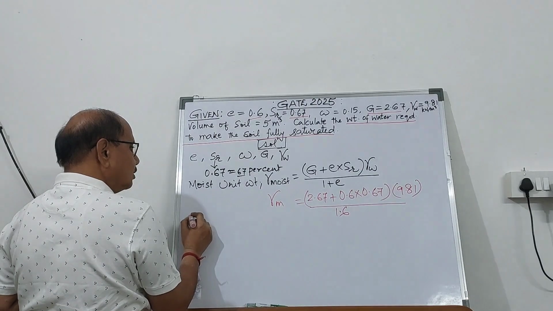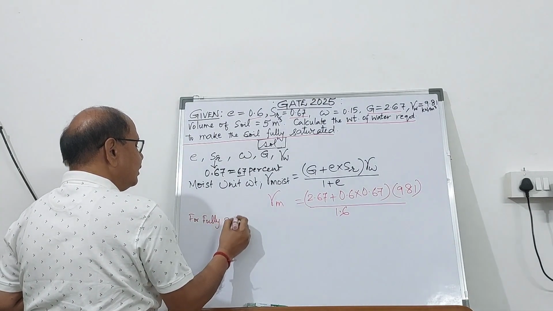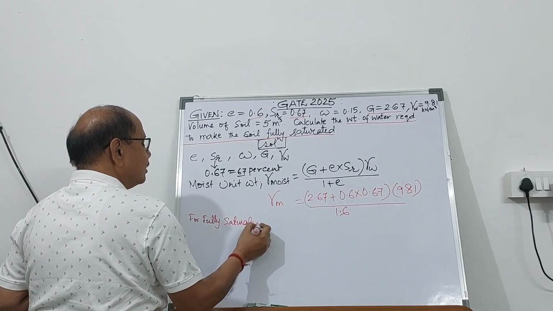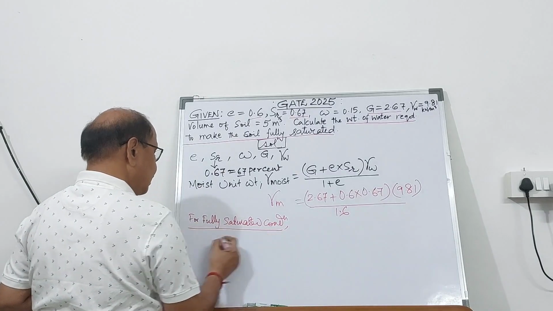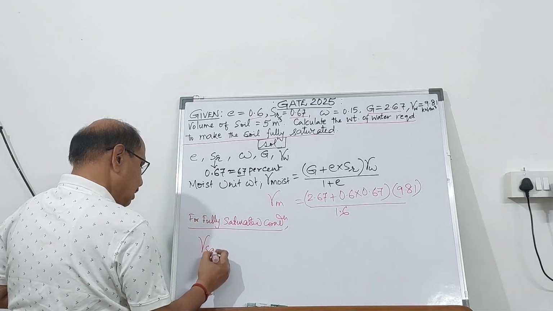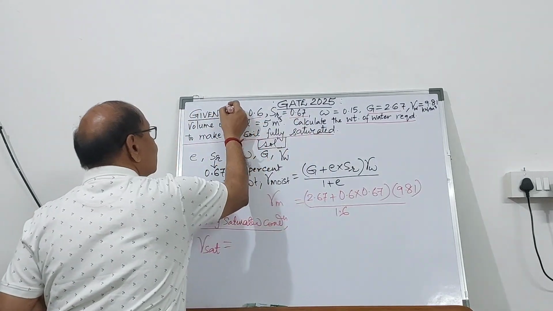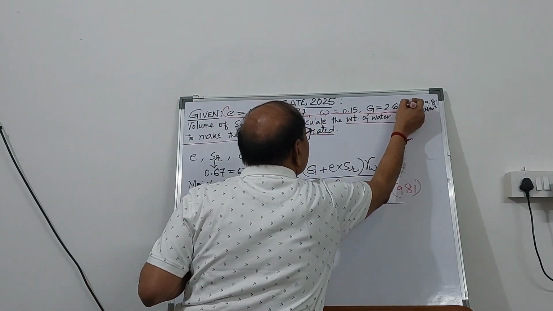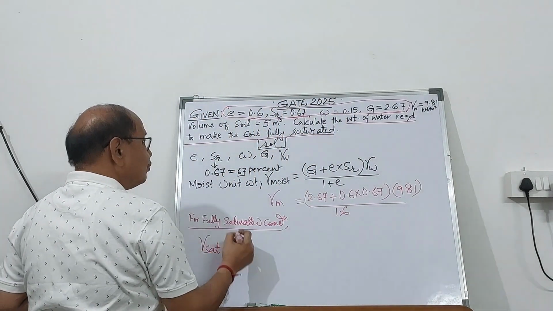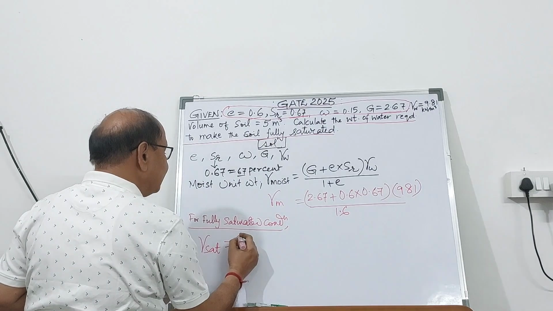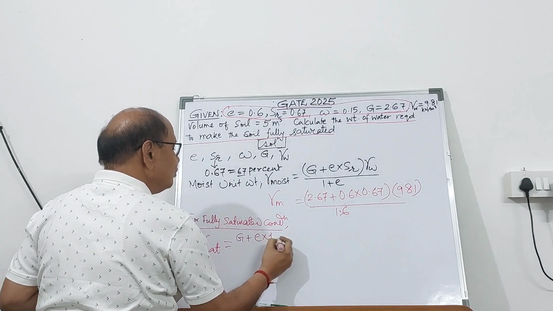So for the fully saturated condition, you can calculate the gamma sat from all this information or all the given data. So here from the given data you can write G plus e, because degree of saturation becomes 1.